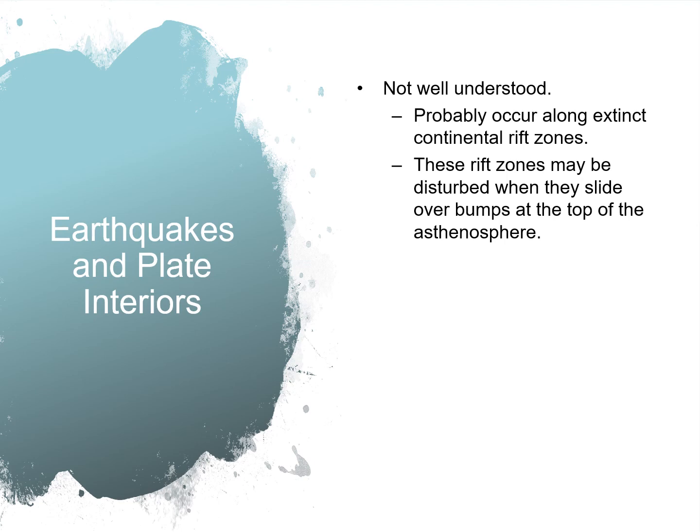And so it's a rift zone that did not become a plate boundary. It did not spread far enough for that to happen. That now represents a weakness in the interior of the plate that never really broke up. But if there's some rough spots, maybe on top of the asthenosphere, and some strain is transmitted to these rift zones, again, it might build up some of that strain there that can be released periodically.